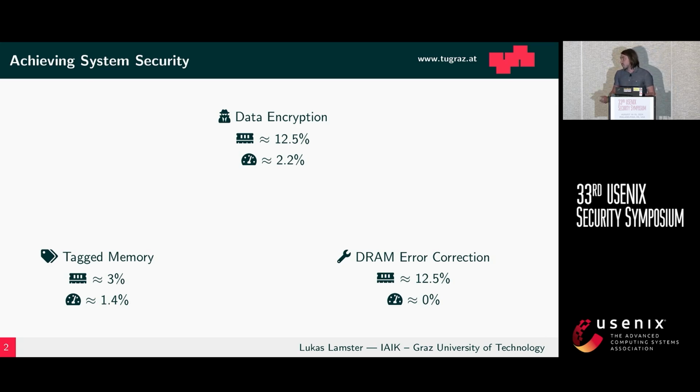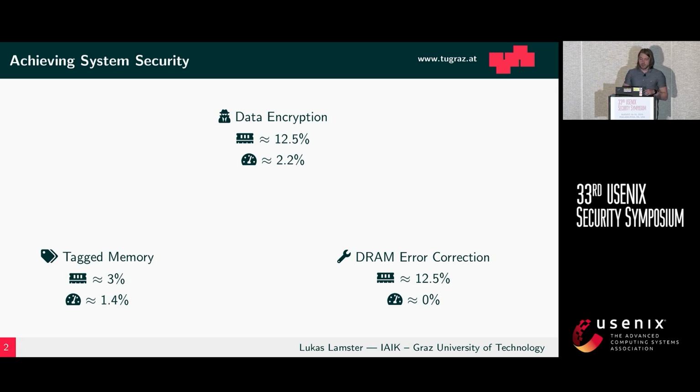Tagged memory has a small memory overhead of 3% in the case of ARM's Memory Tagging Extension, and also some small performance overhead. And DRAM error correction also has this 12.5% memory overhead in the case of SEC-DED ECC for DDR4 memory. I won't go into too much detail there.